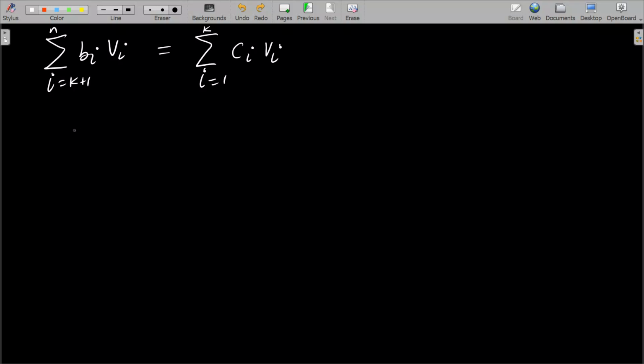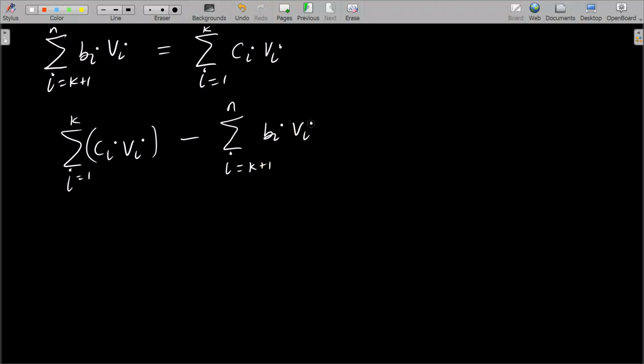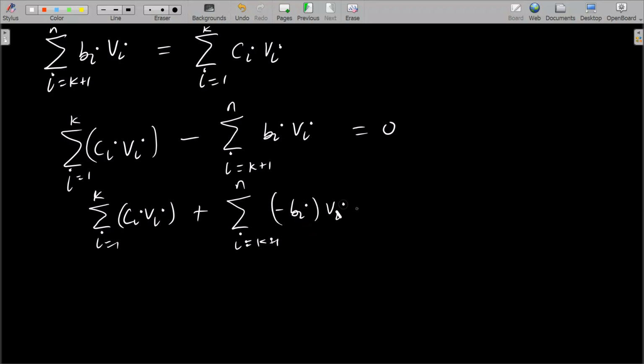So if I take the sum on the left to the right, I'm going to have minus the summation i starting from k+1 to n of b sub i v sub i equal to 0. I can as well push in the negative, and I'm going to have the summation i from 1 to k of c_i v_i plus the summation i from k+1 to n of negative b_i v sub i equals 0.